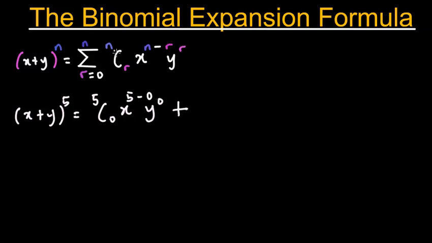Plus, and that is where our summation sign comes in. We started from 0, now we go on to 1. So when r is 1, we have 5 combination 1, the first variable x to the power of 5 minus 1, the second variable y to the power of 1.